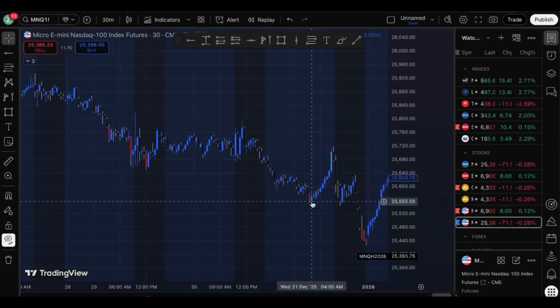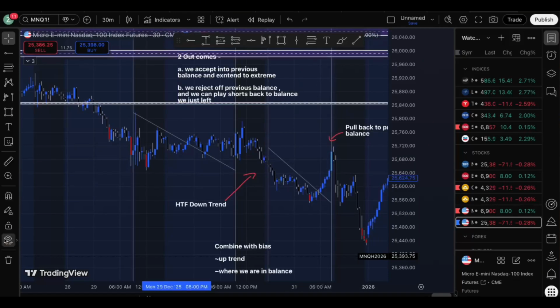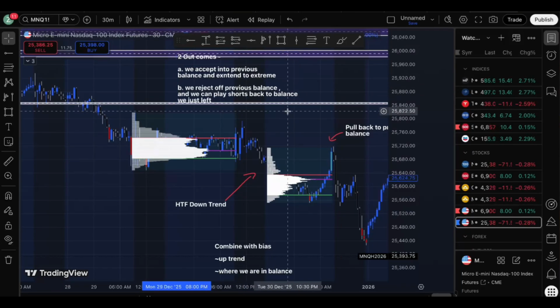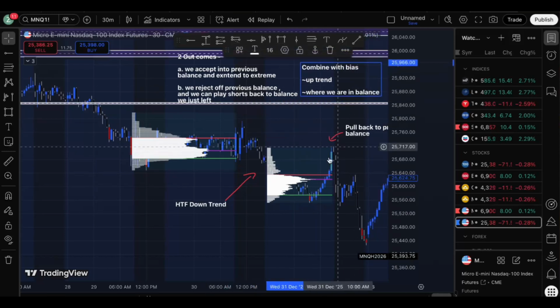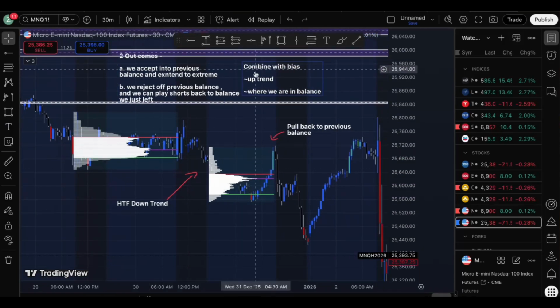Then starting here in the pre-market, push back up, okay? Now this is where our bias part two, well, we need to realize where we are in the balance, okay? This is our bias. We're in the trend and where we are in the balance, okay? So in this case, we're in a downtrend.